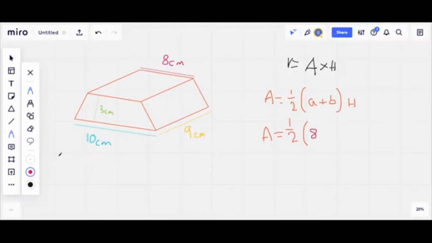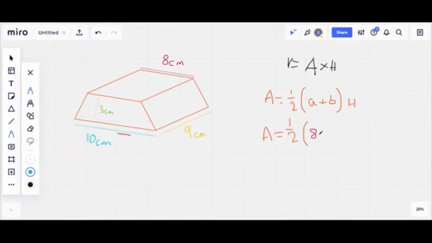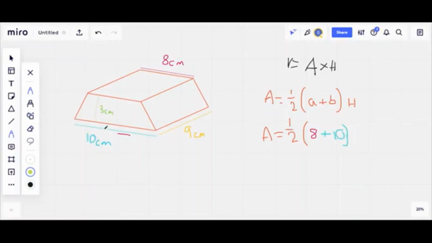Then our B is this base here, the blue one. B is going to be 10. Then we multiply by our height, which is 3 centimeters here.